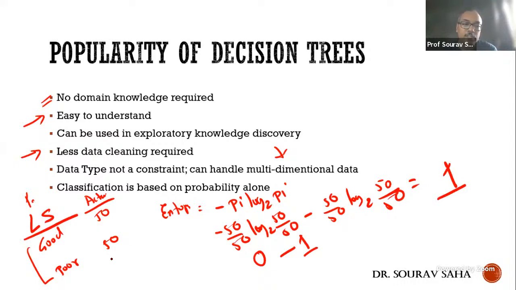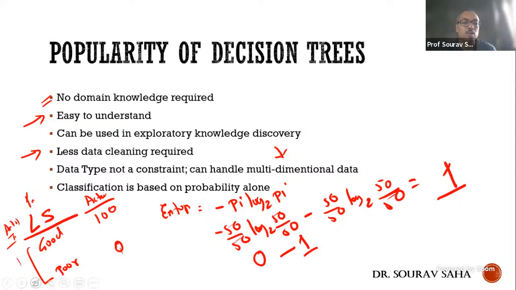But again, if the same thing was 100 here and 0 here, then the entropy value will come out as 0, which means that is a very pure node. There are probably other features also, such as the amount of time you spend.